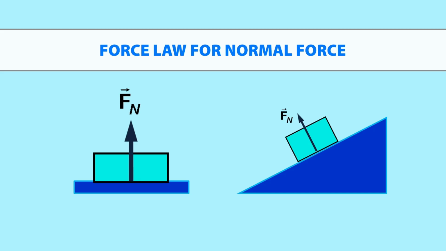Both the surfaces are horizontal. Fn is perpendicular to the surfaces in contact. On the right, you see a box on an inclined plane, and this is the direction of the normal force, perpendicular to the surfaces in contact. This is what you always need to remember while drawing the forces on the particle.